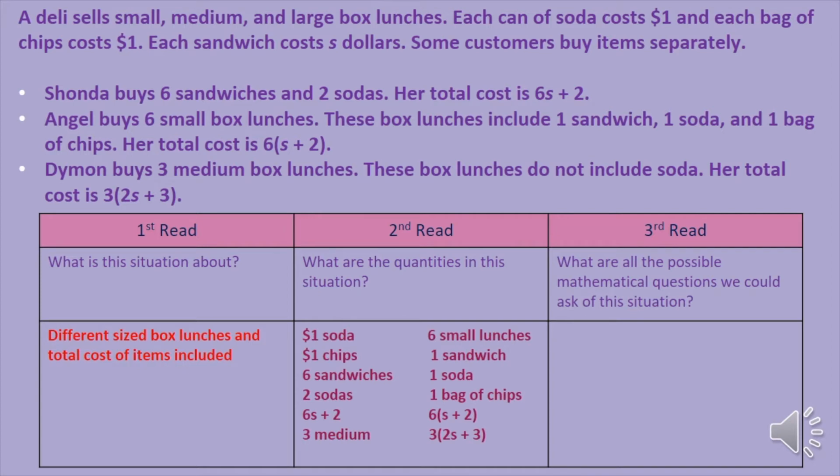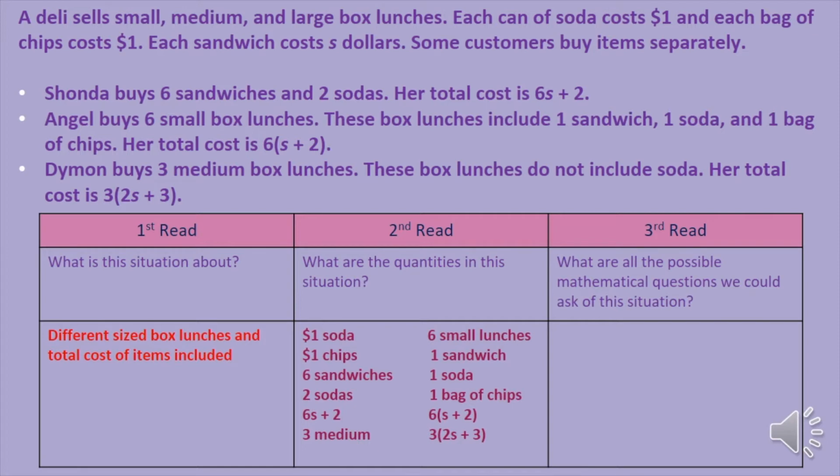We have 6 small lunches, $1 for chips, 1 sandwich, 6 sandwiches, 1 soda, 2 sodas, 1 bag of chips, 6S plus 2, 6 times the quantity of S plus 2. We have 3 medium lunches and 3 times the quantity of 2S plus 3. Yes, that was a lot of quantities.